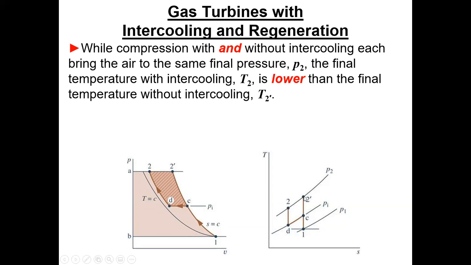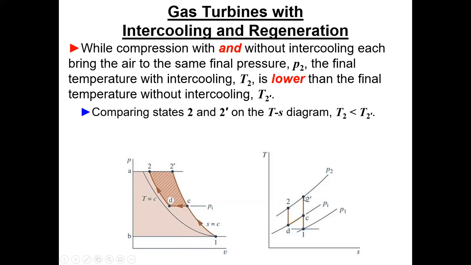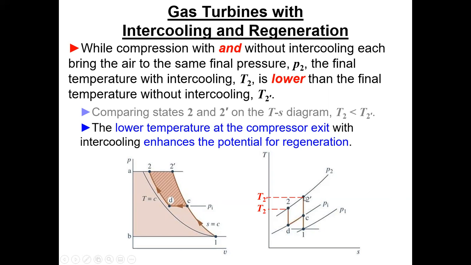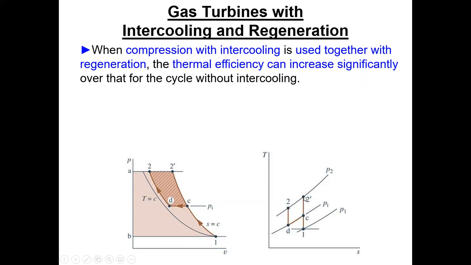It increases the effectiveness of that regenerator, so it's going to work better. Comparing states 2 and 2 prime, we see that 2 is obviously less than 2 prime, and so that's going to make my regenerator work better. The lower temperature at the compressor exit with intercooling enhances the potential for regeneration.